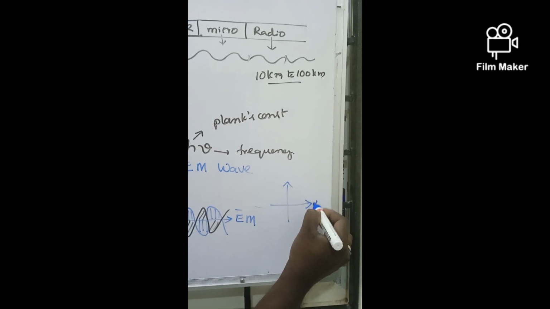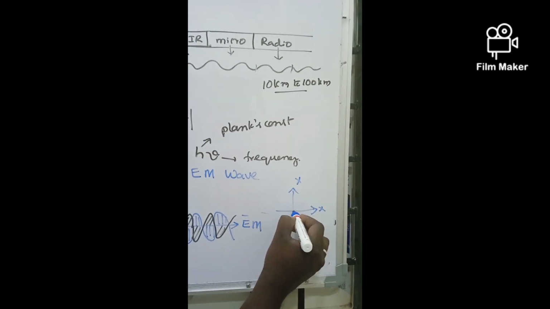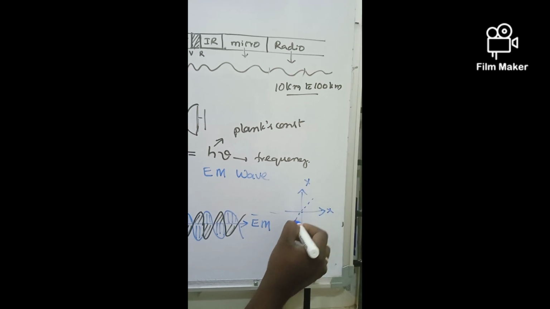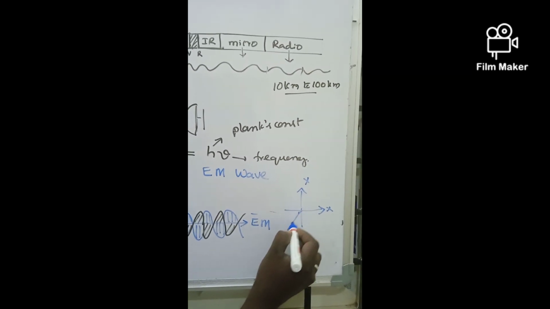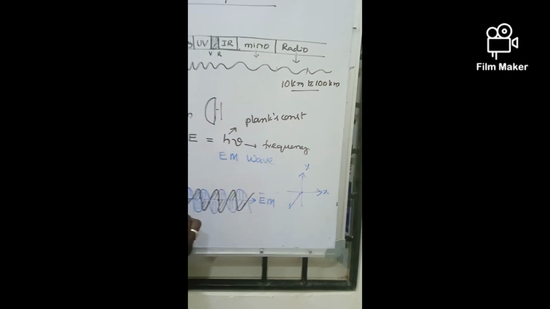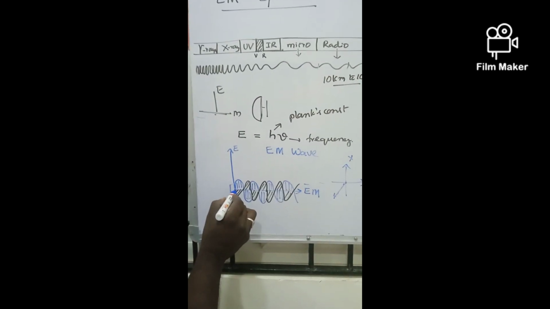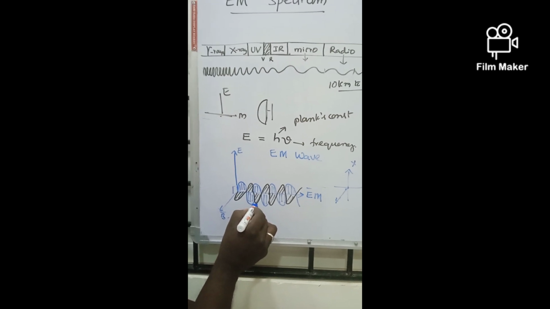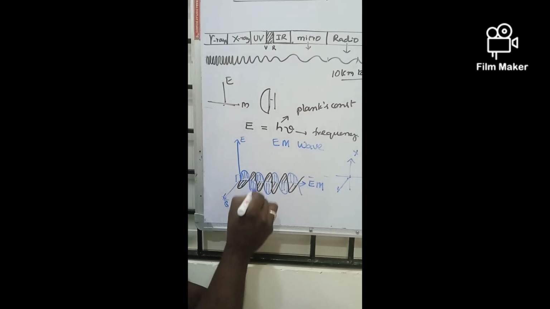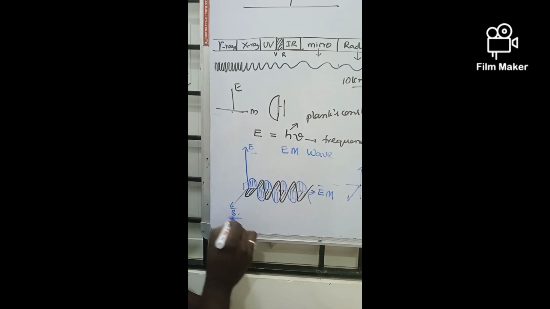This is the x-axis and this is the y-axis. The z-axis will be outside, but we can't draw it like that, so we'll take a cross. This is the z-axis, but actually it will be outside. In the z-axis direction is the magnetic field, and in the y-axis direction is the electric field.